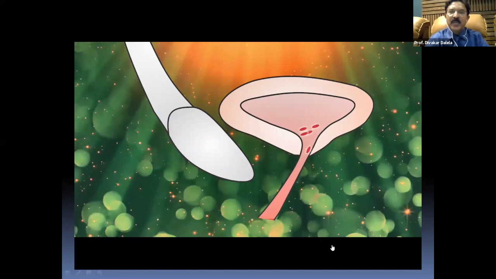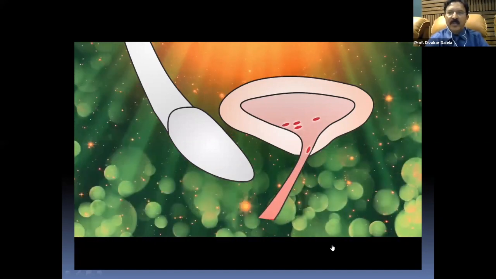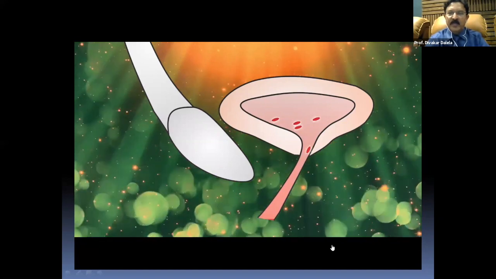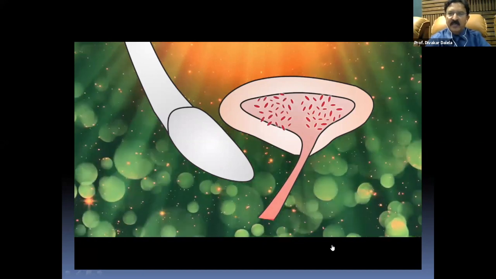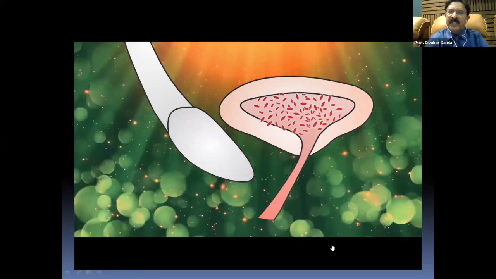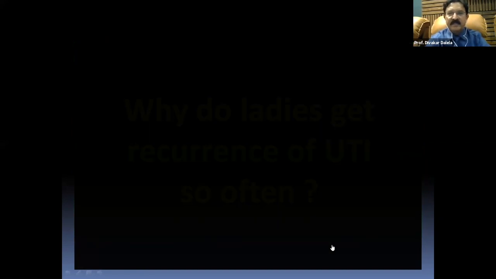And once it reaches the urinary bladder, it multiplies from 1 to 2, 2 to 4, and it grows in exponential numbers. And when a critical number is crossed, the bacteria get attached to the lining of the urinary bladder and give rise to infection, what is called cystitis or urethritis. So it's because of the typical anatomy of ladies, the short urethra, that they get this infection.